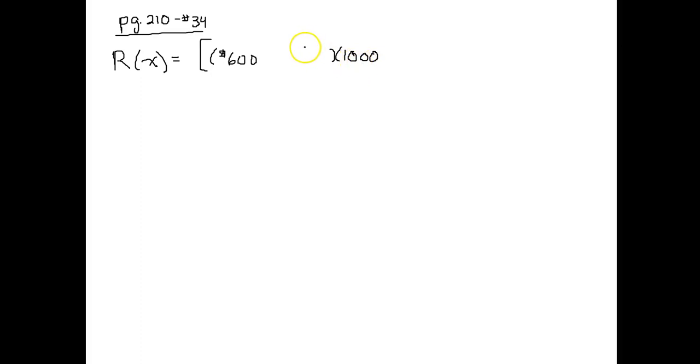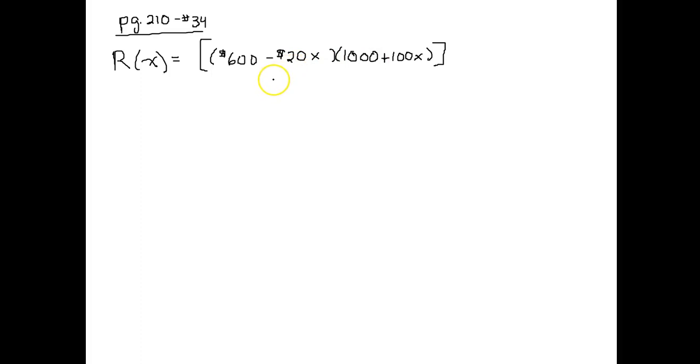But for every 100 extras they bring, they're bringing $20 less. We don't know how many of these extras they're going to bring, so we'll let X represent that. So for every group of 100, X represents how many groups of 100 we got.